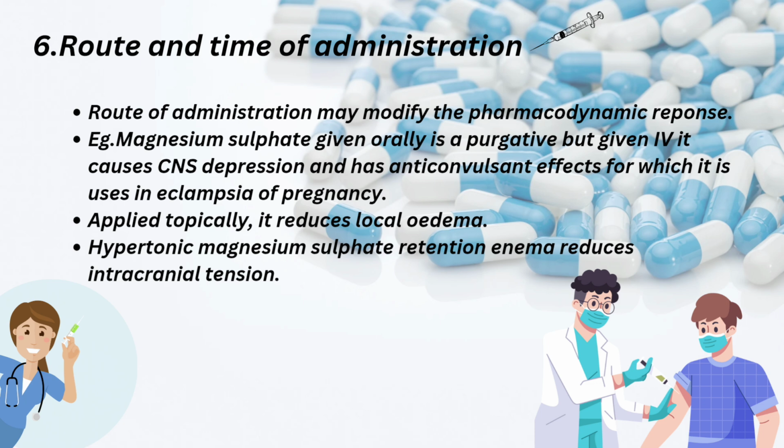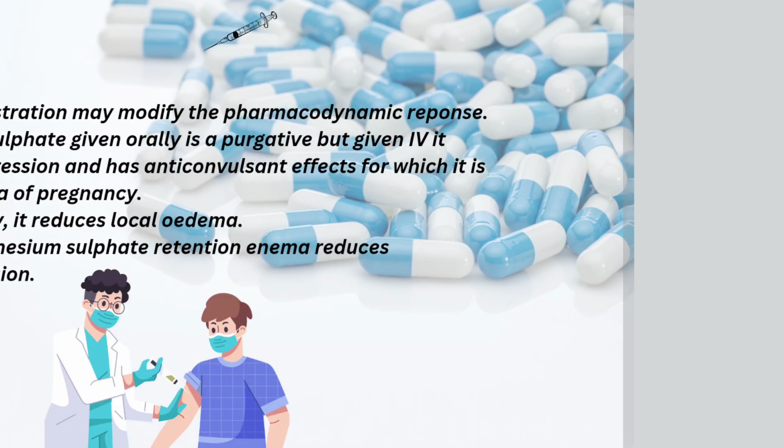When magnesium sulfate is taken orally, it is purgative, but when it is administered IV, it causes CNS depression and has anticonvulsant effect for which it is used in eclampsia of pregnancy. When it is applied topically, it reduces local edema. The hypertonic magnesium sulfate retention enema helps in reducing the intracranial tension.